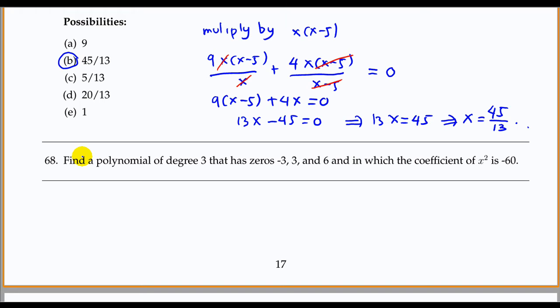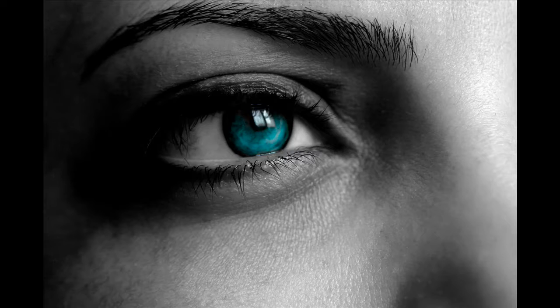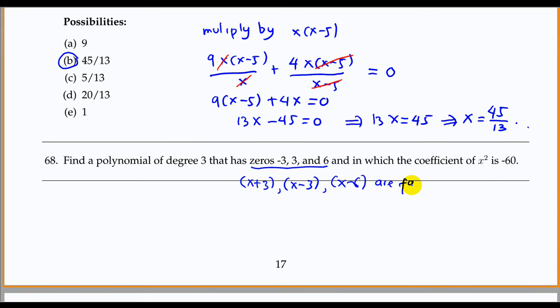Find a polynomial of degree 3 that has zeros -3, 3, and 6, in which the coefficient of x squared is -60. So this statement is equivalent to the statement that x plus 3, x minus 3, x minus 6 are factors of this polynomial, say p of x.